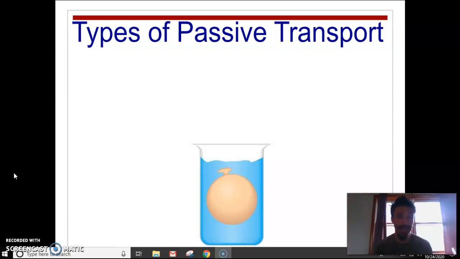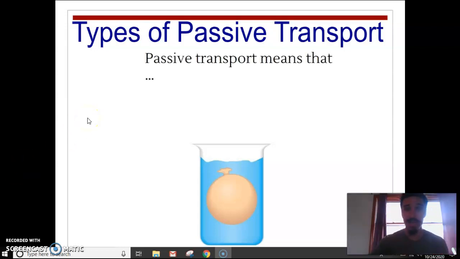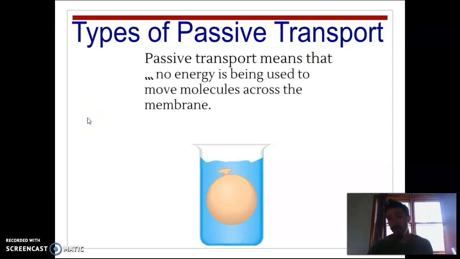This is just what's going to happen when there is no energy or force put onto a living system, like the cell. We use the cell membrane as an example of concentration gradient, high on one side, low on the other, and substrate molecules can sometimes passively transport through the cell membrane. So passive transport means ultimately no energy being used to move molecules across a membrane specifically.